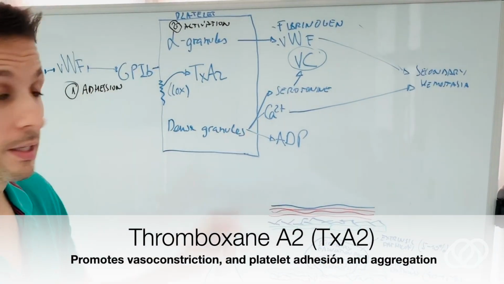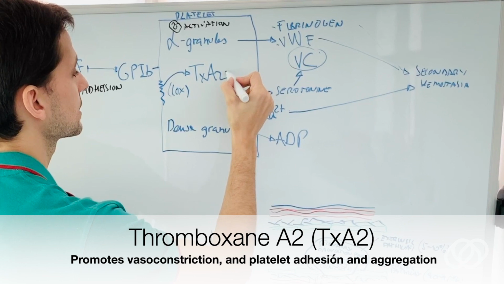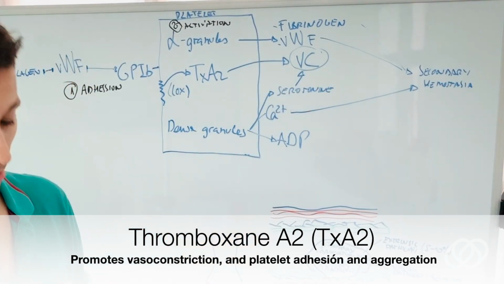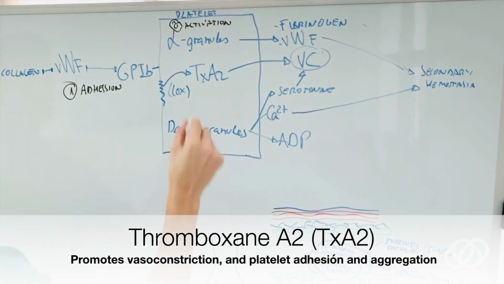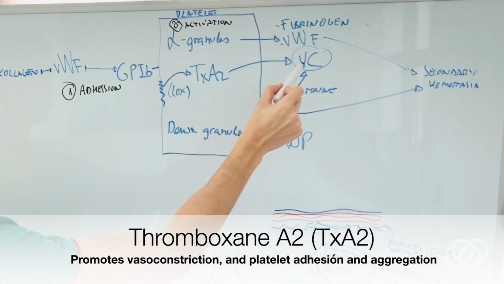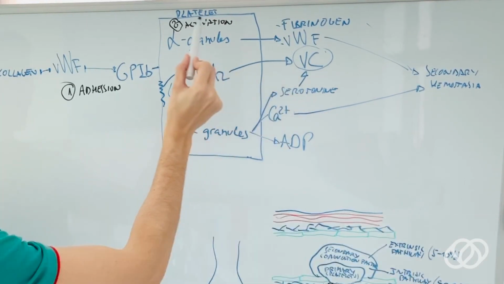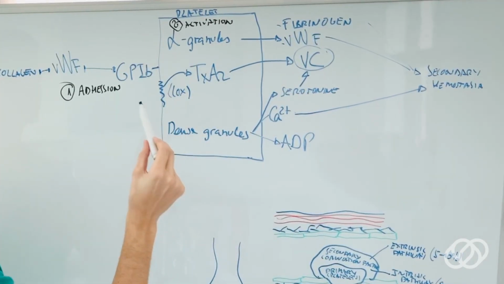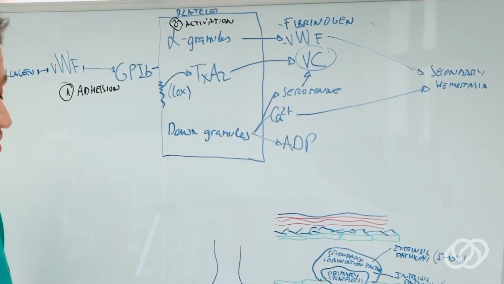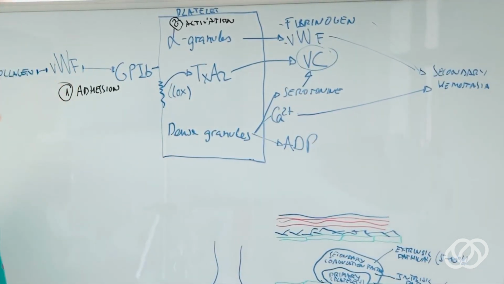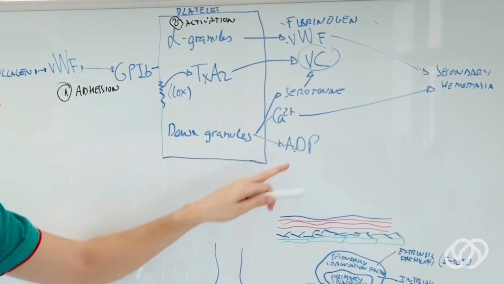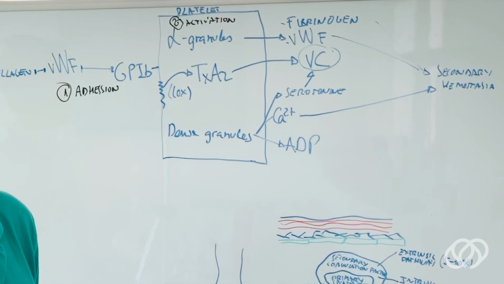This thromboxane will also be released, and it is also a vasoconstrictor substance. This thromboxane not only produces vasoconstriction, but also favors the activation and the next phase, which is the aggregation.